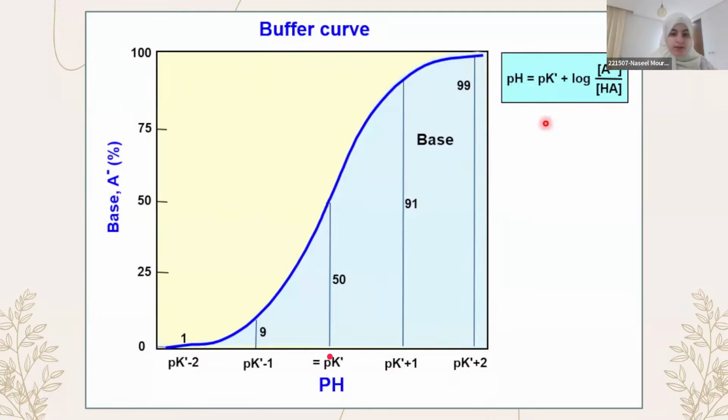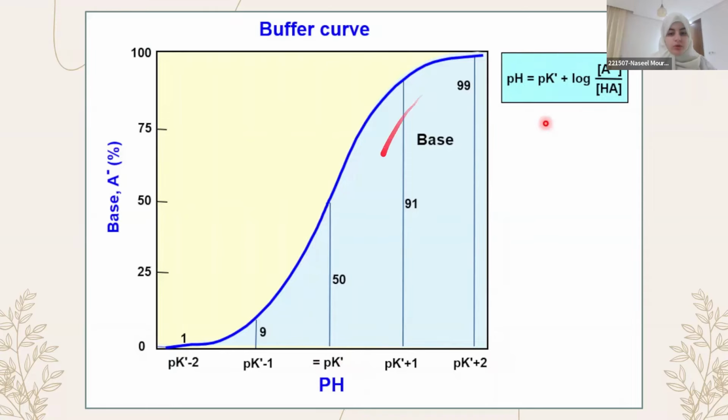Now, take this section over here, the middle, where we said pH equals pK. Remember how I told you this means acids and bases are equal? And that is correct, because let's go up all the way to the curve, okay? We stop here. And how much base do you have over here? You have 50%, okay? So you have 50% base, and the other 50% would be acid, and this is where pH equals pK. All right?